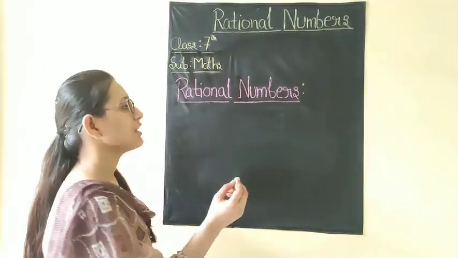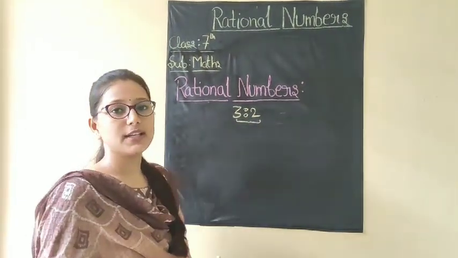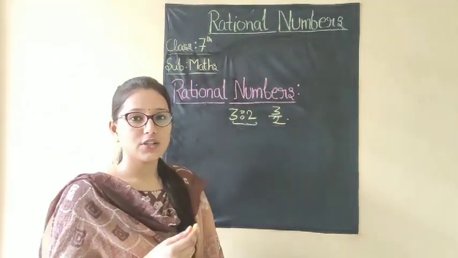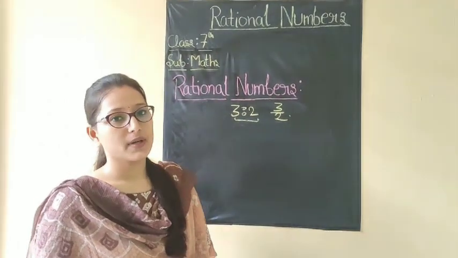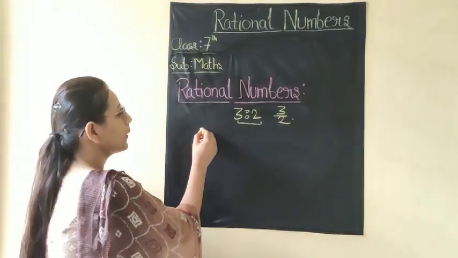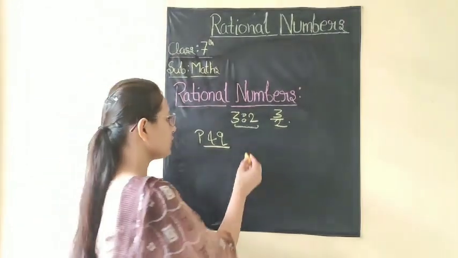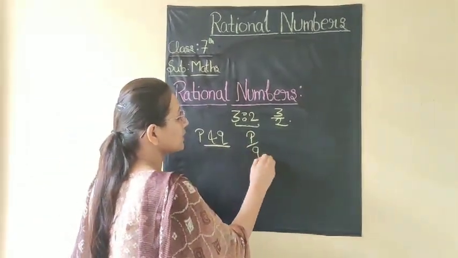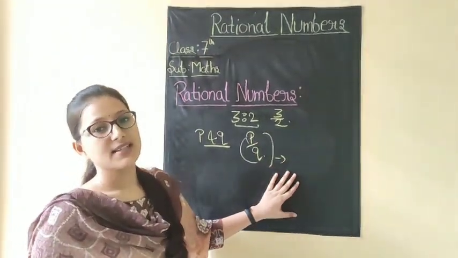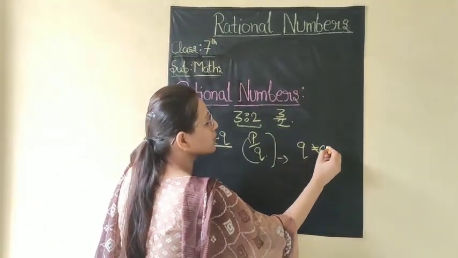You know that ratio, like 3:2, can also be written in the form of 3/2, where 3 and 2 are natural numbers. Similarly, the ratio of any two integers p and q can be written in the form of p/q, and this is the form in which rational numbers are expressed, where q is not equal to 0.